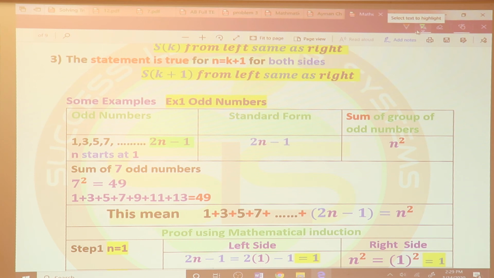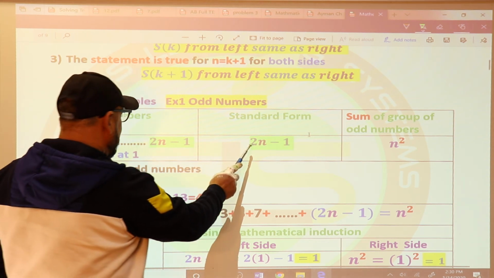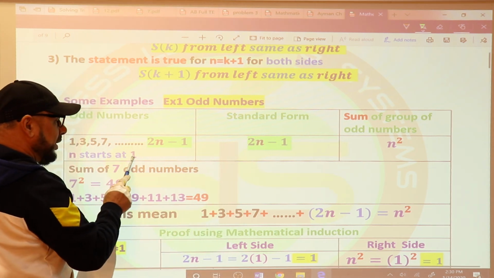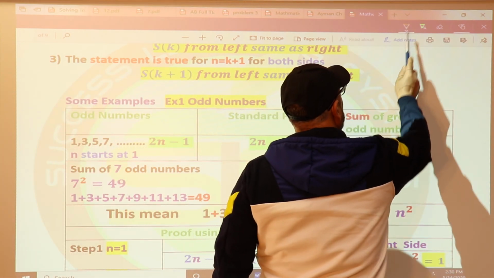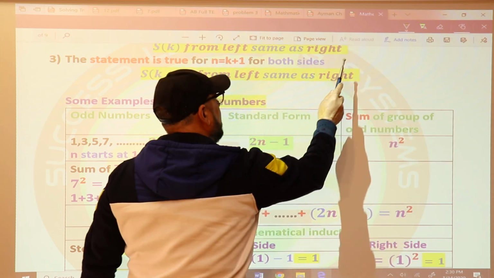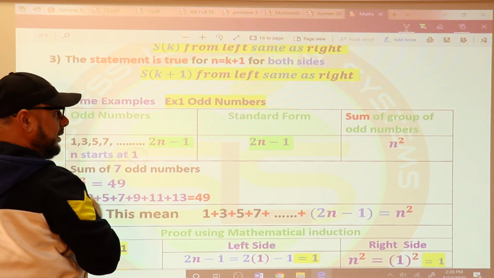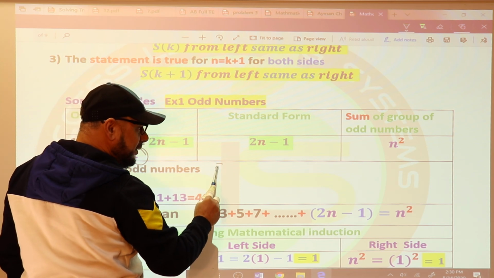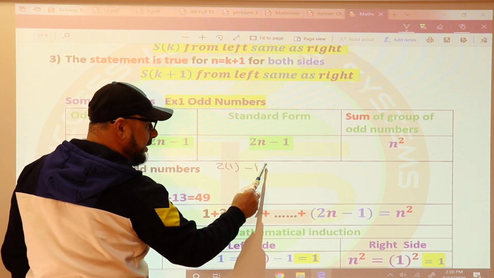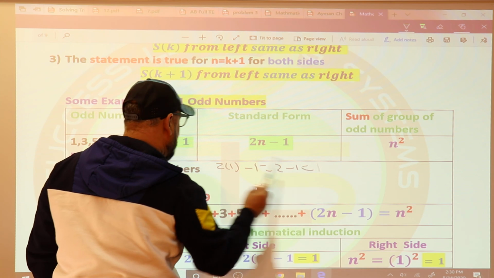What I mean by the standard form, to explain for some of the kids, if you plug in, n starts from 1, right? If you plug 1 here, 2 times 1 minus 1, 2 minus 1, you get the first number.